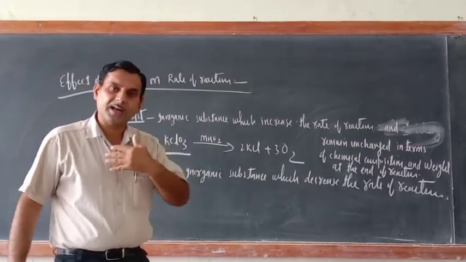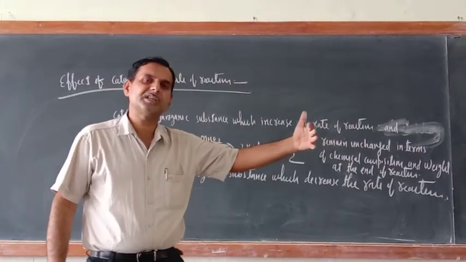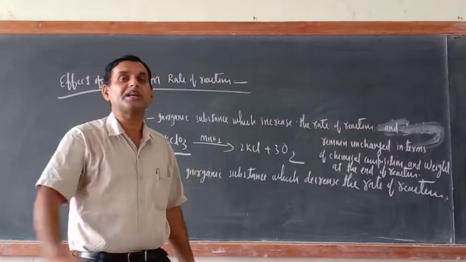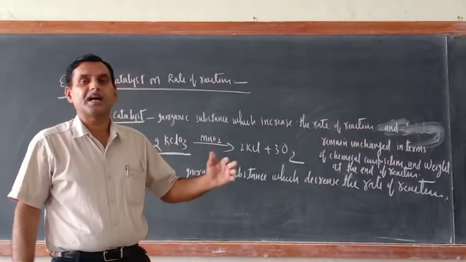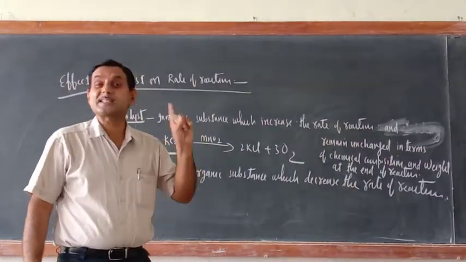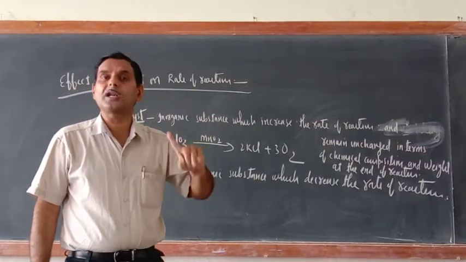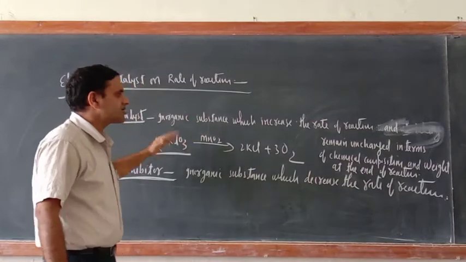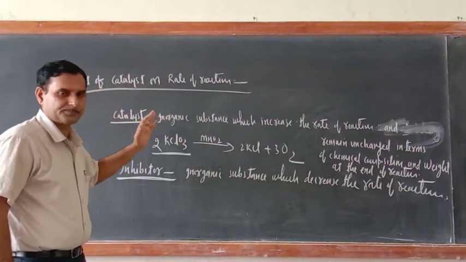Whatever the increase in the rate of the forward reaction, the backward reaction will also increase with the same magnitude. That is why they do not affect the state of equilibrium. They only help in the fast attainment of equilibrium. So these are the things which should be written here.